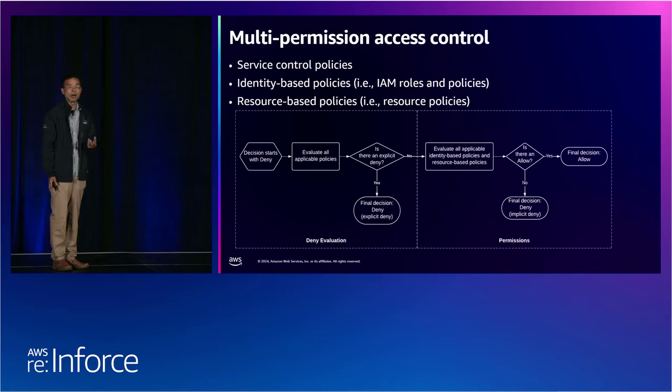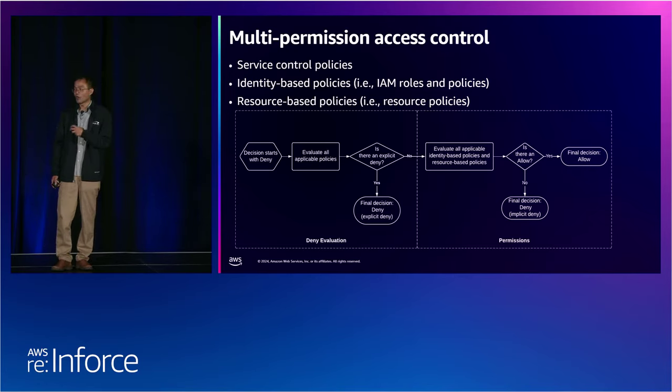This lays a foundation for you to understand the next slide, where we're going to look in detail at how Capital One keeps the secret secure with multiple layers of security built in. So first, we use service control policy.